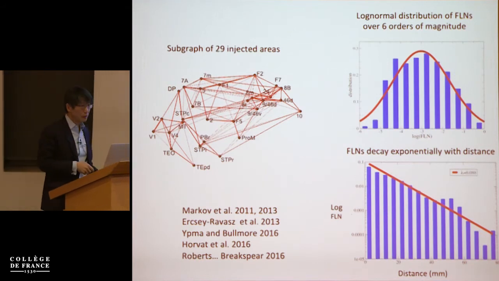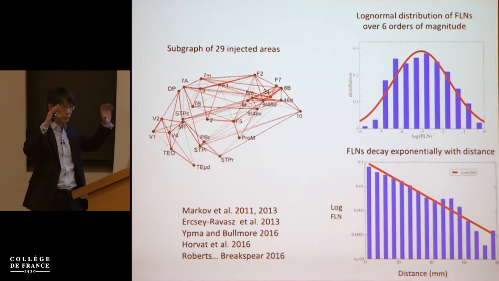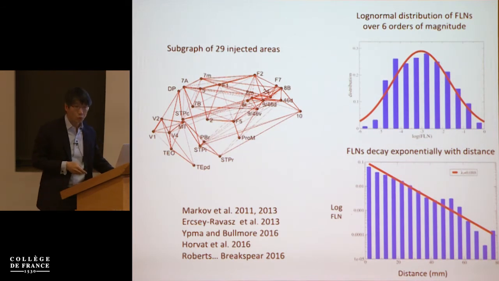So what that says is that the connections really depend on the physical or wiring distance between two areas. It's not just a purely topological network, right, where you have a bunch of nodes and you worry about the connections, but you don't really worry about spatial proximity. So you don't think about the connection in terms of spatial embedding.